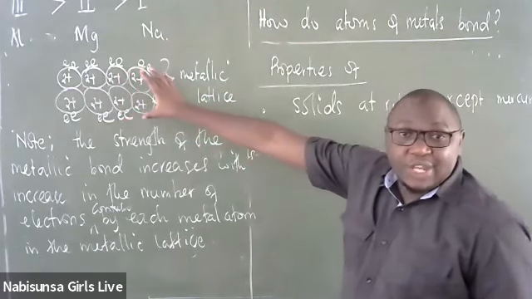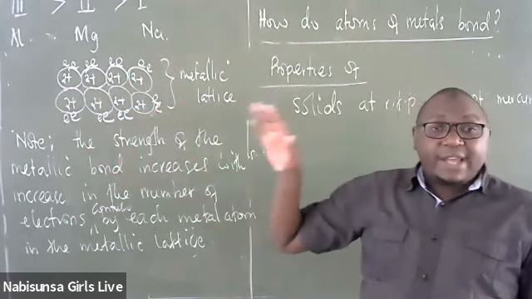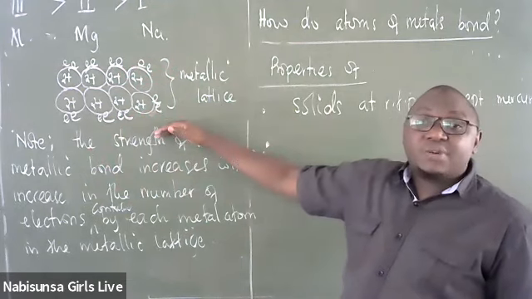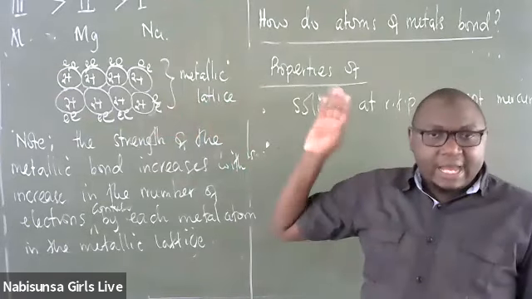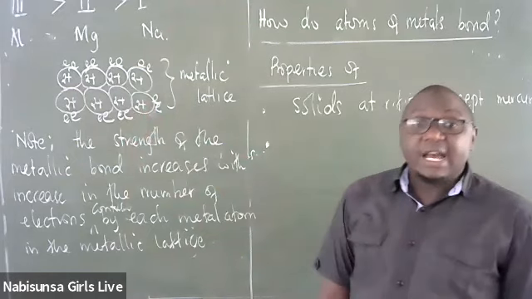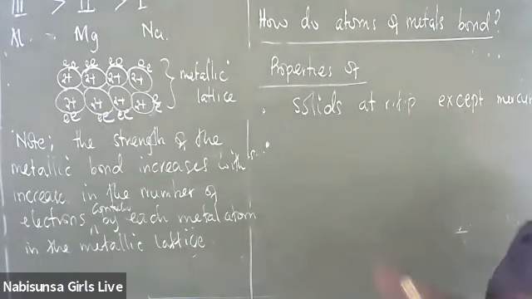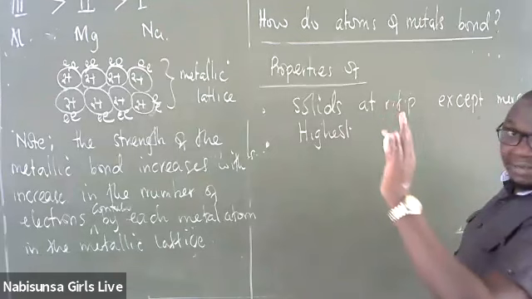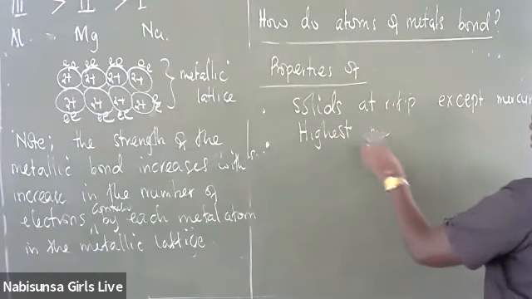That's why, compared to any other type of bonding, the energy you require to break down substances bound through metallic bonding is the highest. For you to break them down, you always need a lot of effort. So compounds formed by metallic bonding have the highest melting point compared to other bonds.